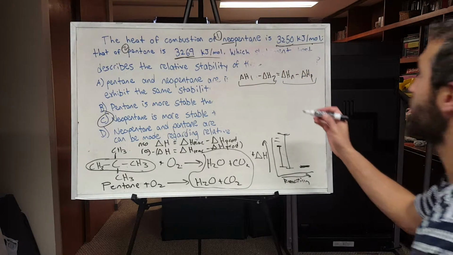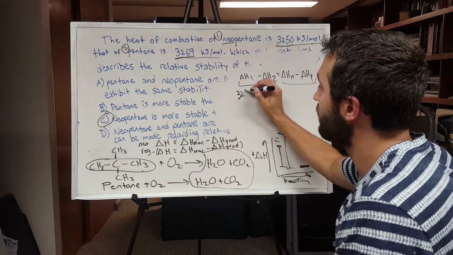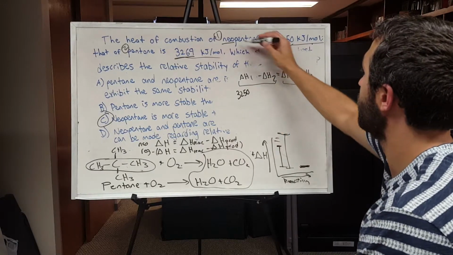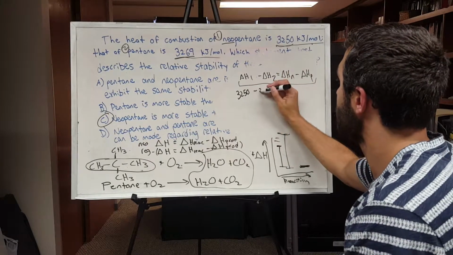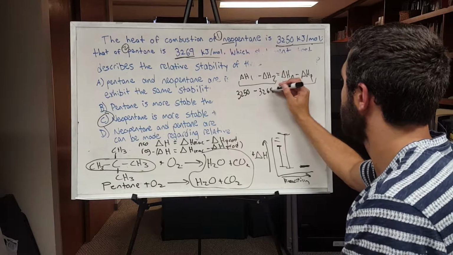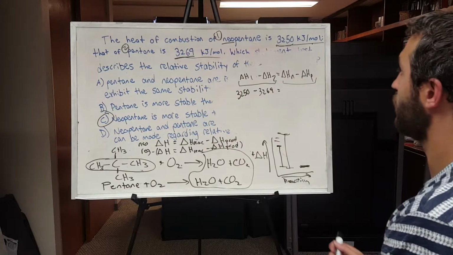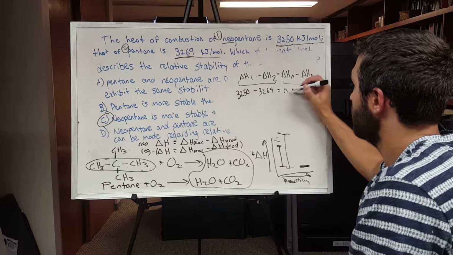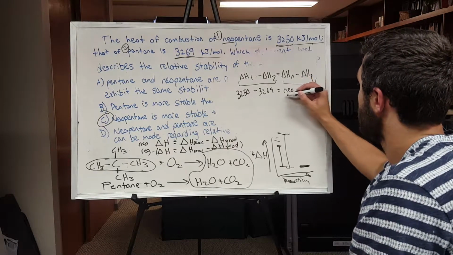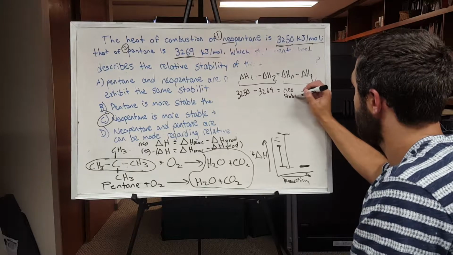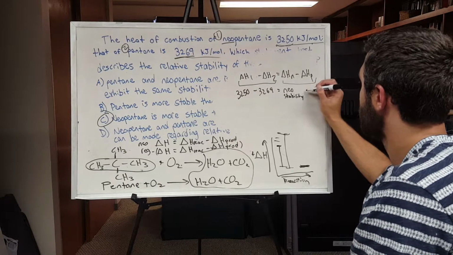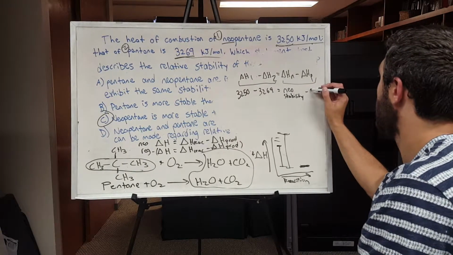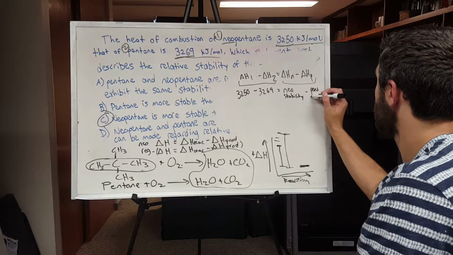So we could even plug in our numbers. 3250 for reaction 1 minus 3269 equals neopentane stability minus pentane stability.